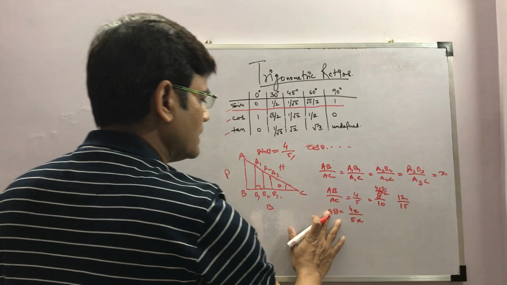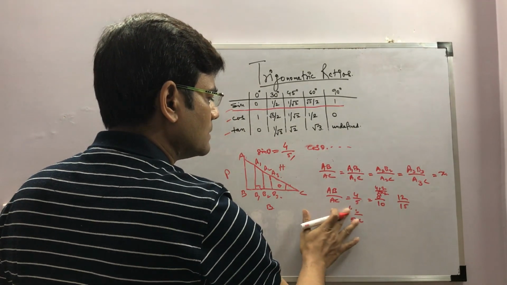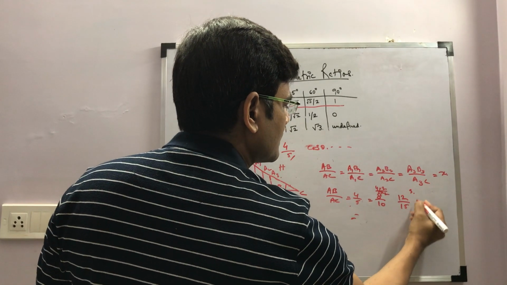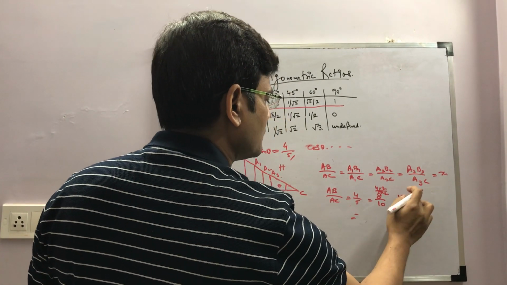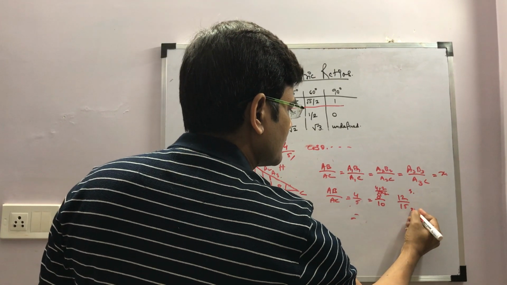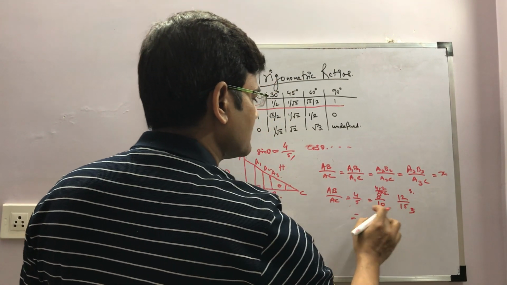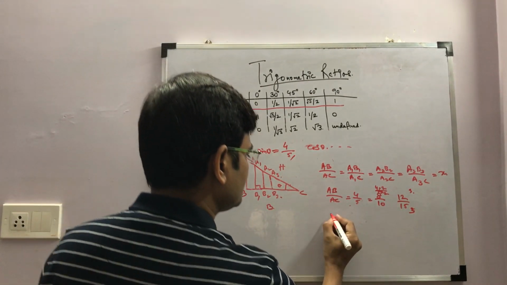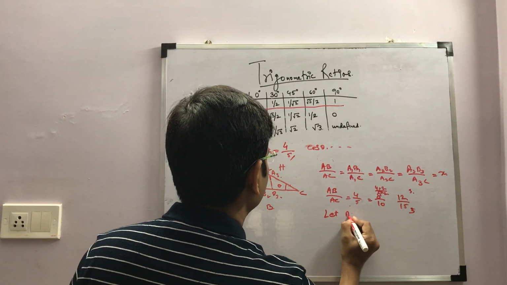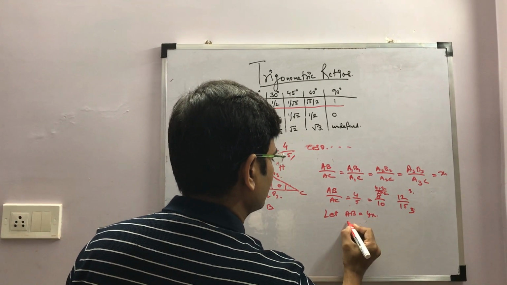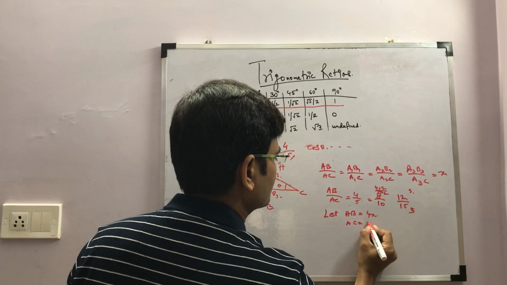Here x is 2, here x is 3, because 4 into 3 is 12 and 5 into 3 is 15. So let AB equal 4x and AC then becomes 5x.